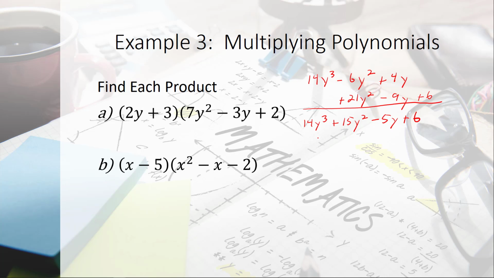Okay, here's our next problem. This is one that I actually pulled from the homework. Once again, we're going to do it the exact same way. x times x squared, x cubed. x times negative x squared. x times negative 2, negative 2x. All right, now we have the negative 5 times x squared, negative 5x squared right below the x squared.